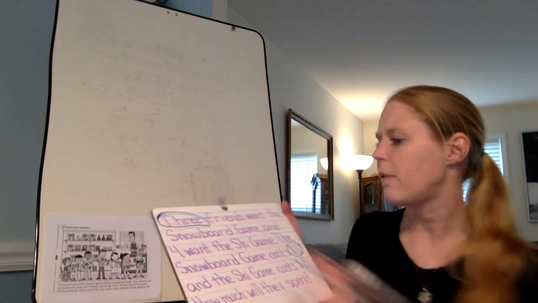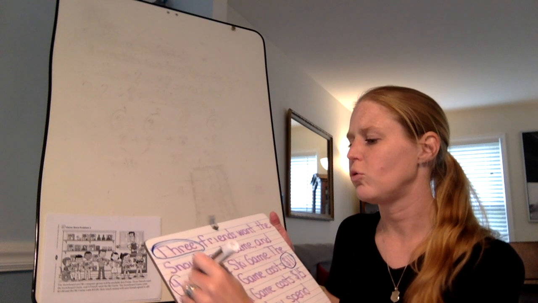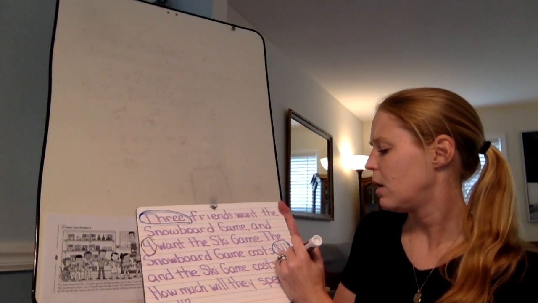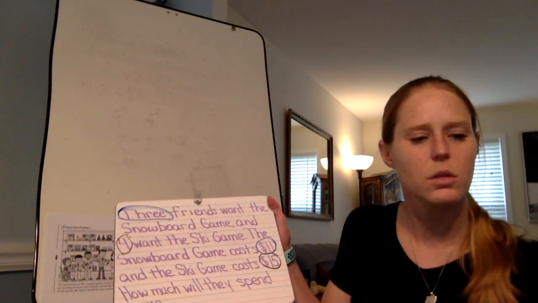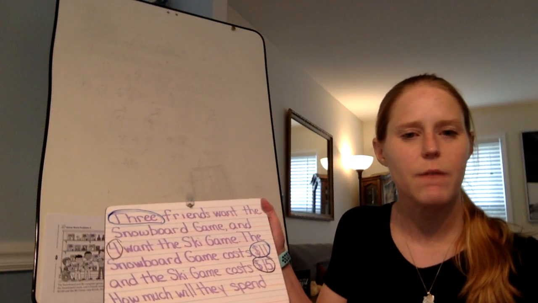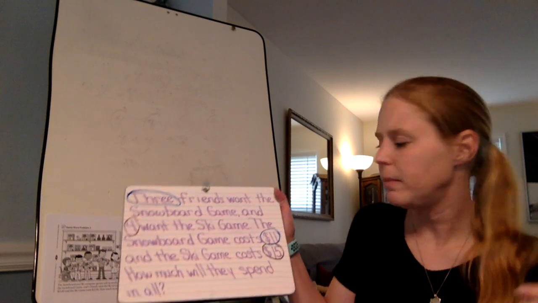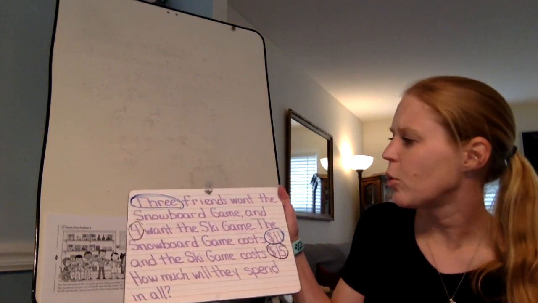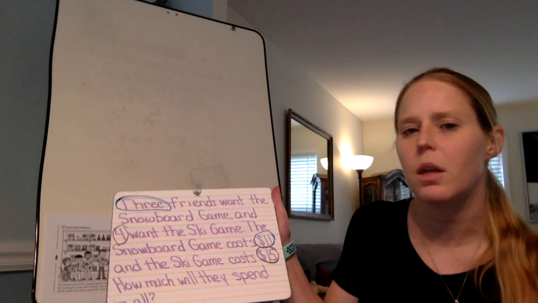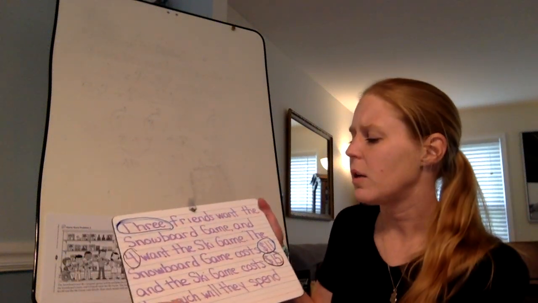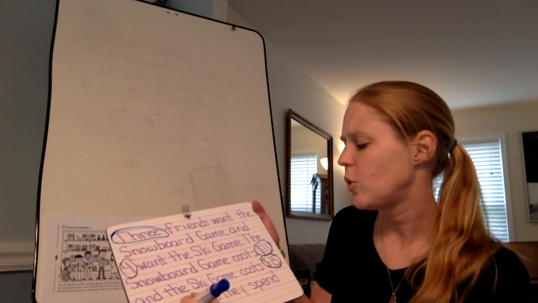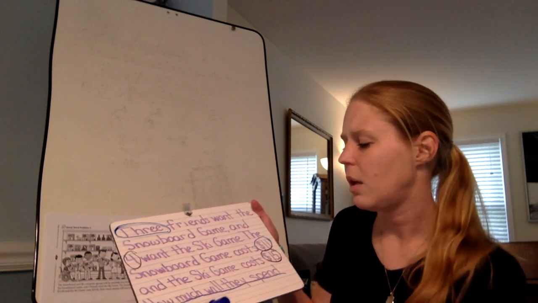And I have 4 friends that want that ski game that costs $15. So now that I've figured out what the friends want, and I did the snowboard in blue and the ski game in brown, just to organize my thoughts in my head, I am going to underline that question, how much will they spend in all?